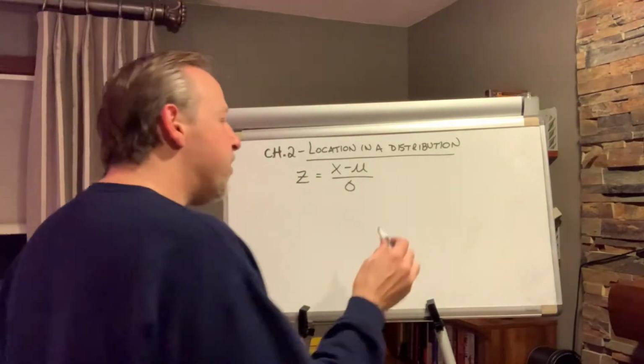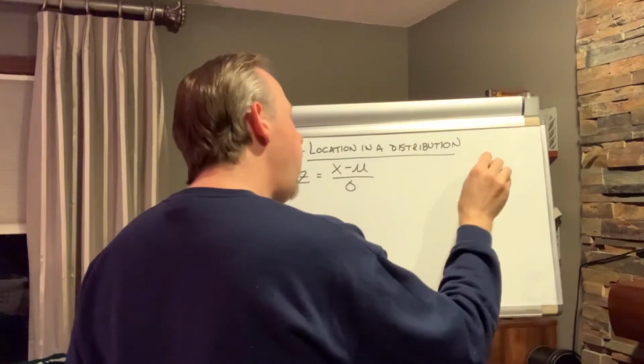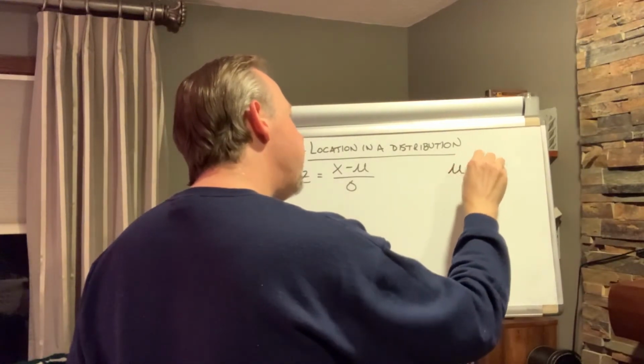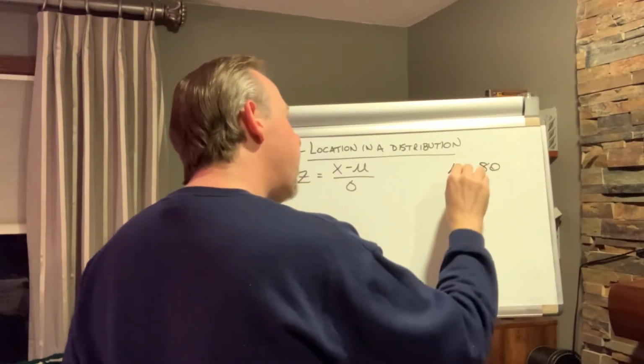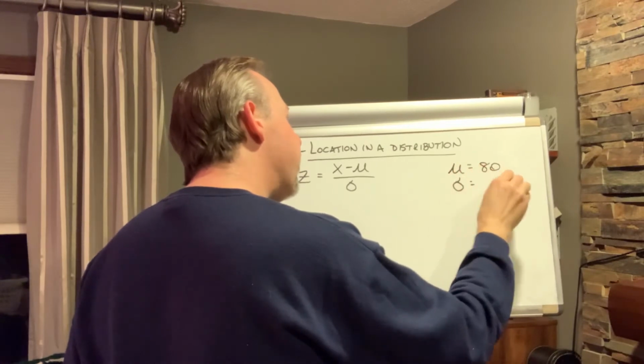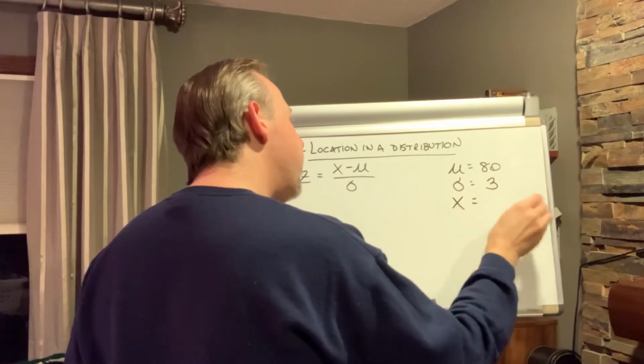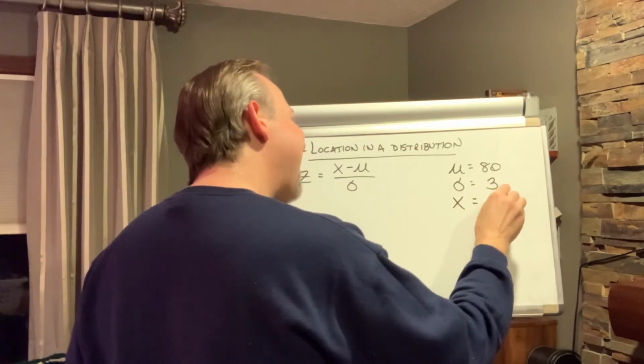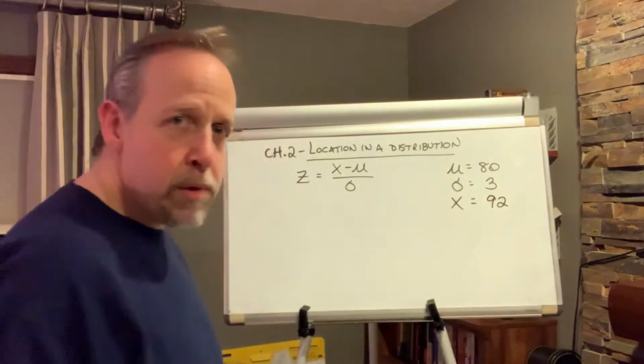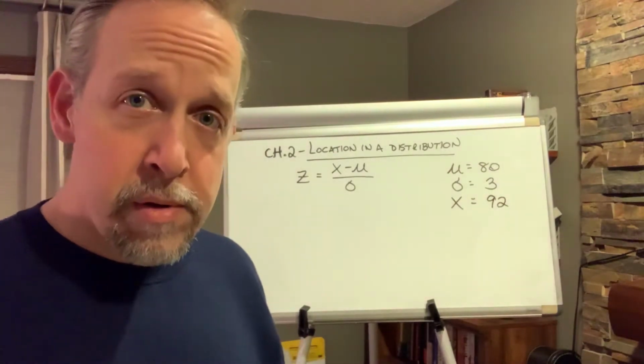So as a for instance, if on a certain test the mean score was an 80 and the average distance to center was 3 points, and you, being super smart, got a 92. What's your Z-score?